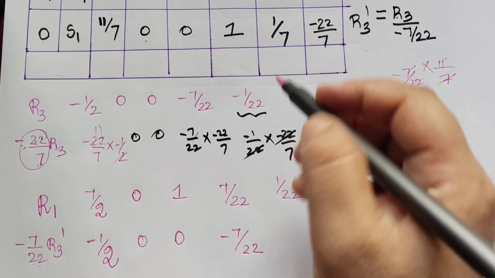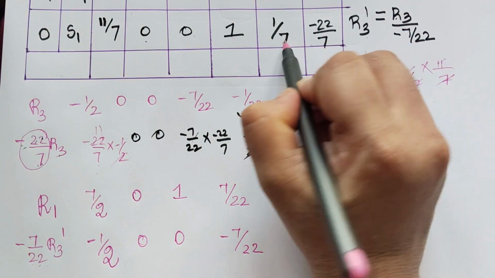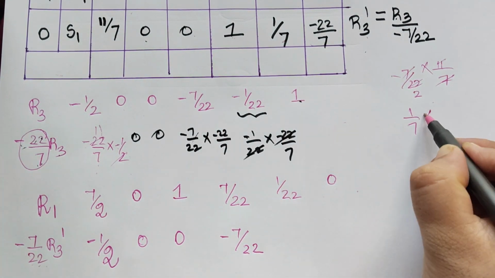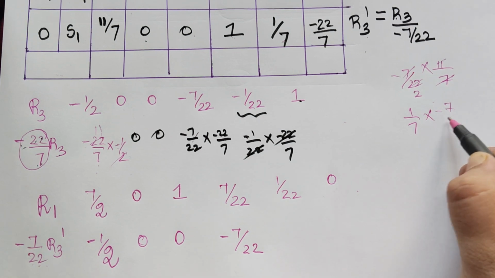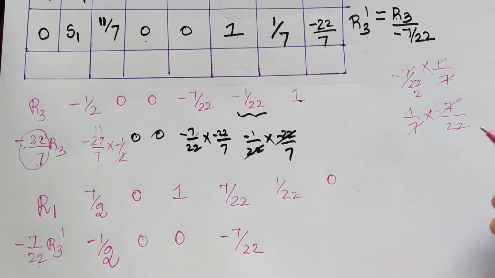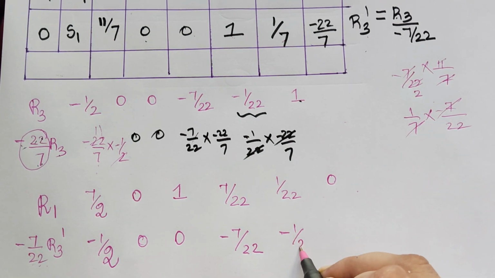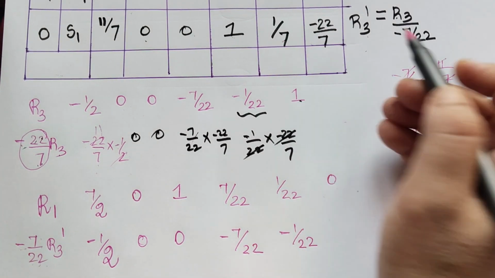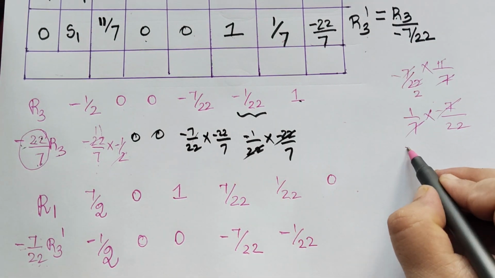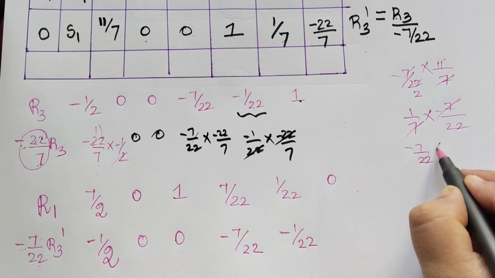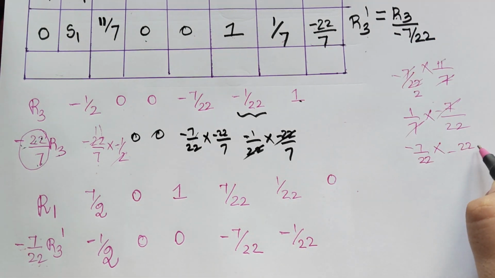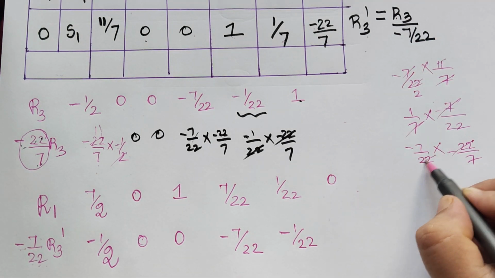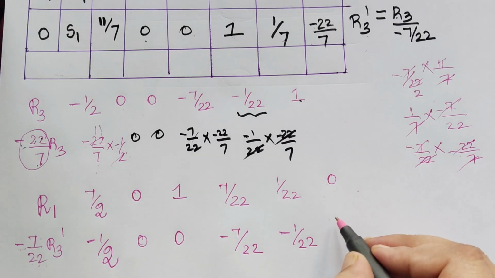Then you have 1 by 7 multiplied with minus 7 by 22. The 7s get cancelled, so we get minus 1 by 22. Then minus 7 by 22 multiplied with minus 22 by 7, these will get cancelled and we will get plus 1.